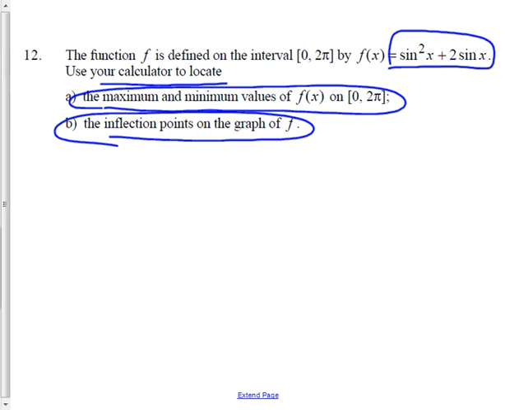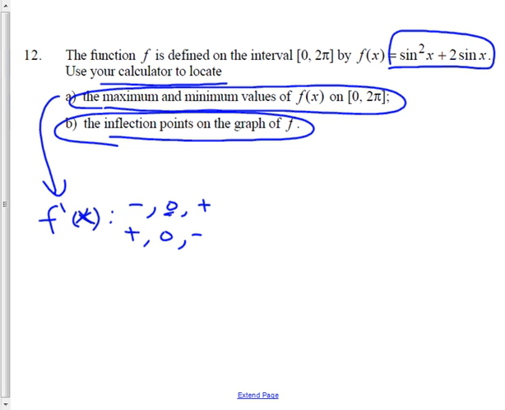To find the maximum and min points, they are going to occur when f prime of x, the first derivative, goes negative, 0, positive, or positive, 0 or undefined, negative. So we need to find out when that's true.